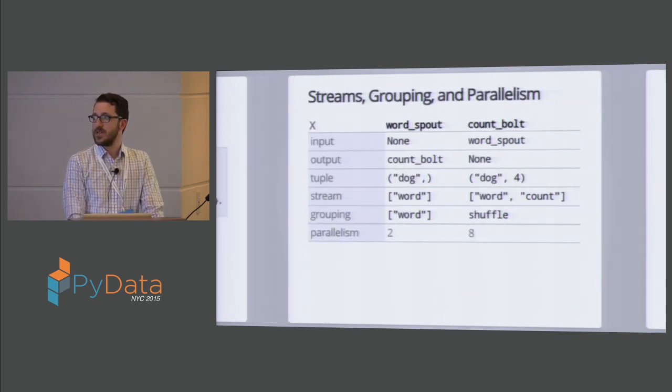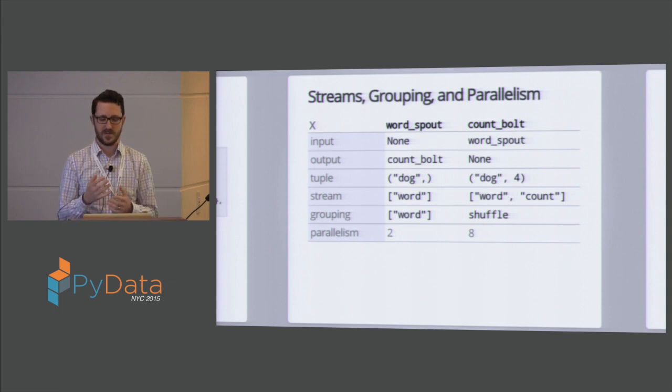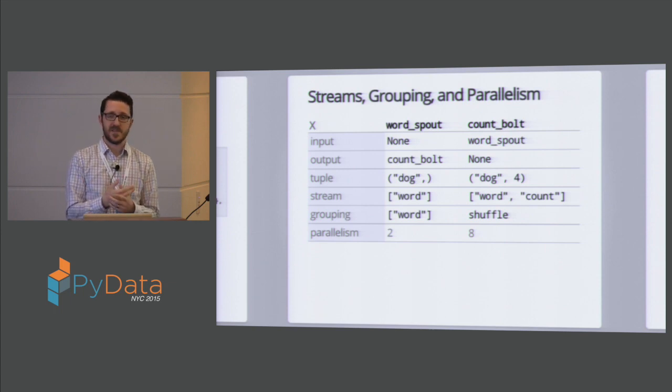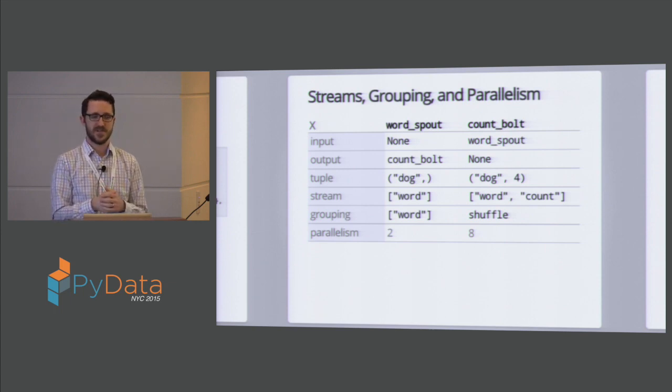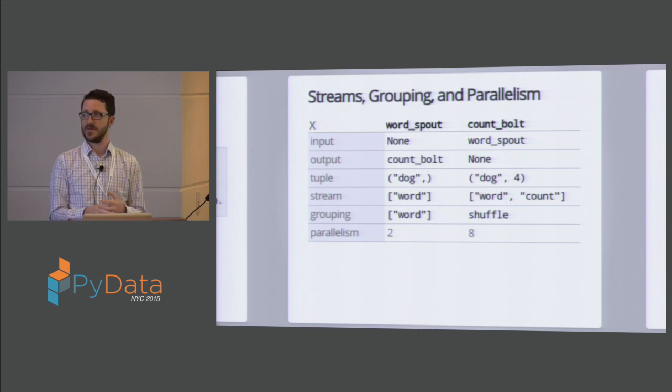To sum all that up, for the word spout and this counting bolt, the spout doesn't take any sort of input, as far as the topology is concerned, whereas the bolt takes input from the spout, and the spout is outputting to the count bolt, whereas the count bolt isn't outputting anywhere. The types of tuples we're going to see: for the word spout, it's just words, and for the count bolt, it's words and counts.